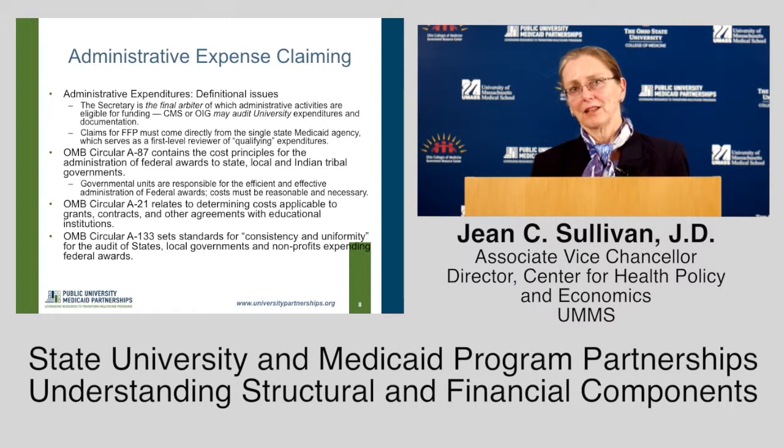You'll see on the slide that the determination of the costs are regulated by OMB's circulars, and the basic principles that guide how costs are counted are not dissimilar to the same principles that your finance staff at universities use in documenting expenditures for grants or other contracts with other entities.